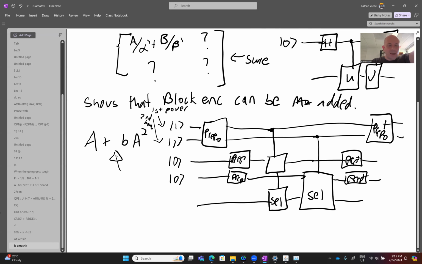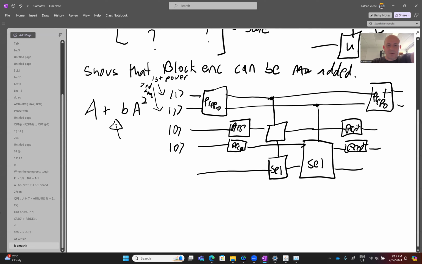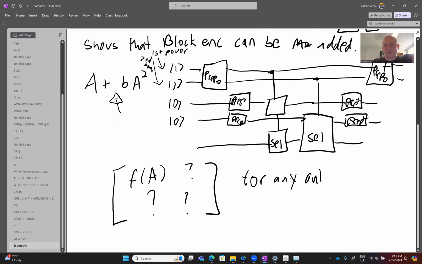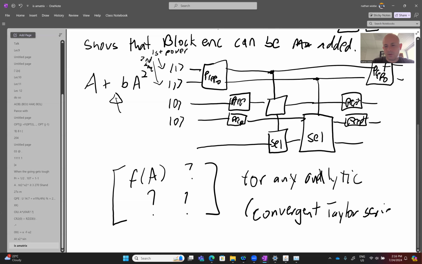And by expanding this out, I can end up implementing a larger block encoding of a matrix that's f of A, or any analytic function, meaning something that has a convergent Taylor series. So basically you just sum the Taylor series up to some appropriate order, approximate F that way, and then I can implement using a polynomial approximation any function I feel like.